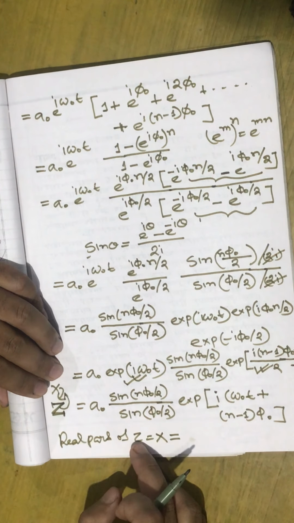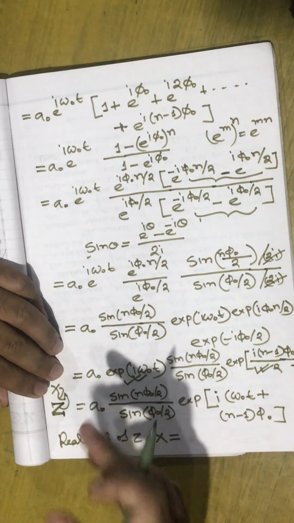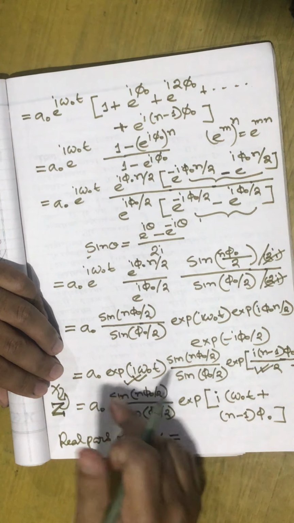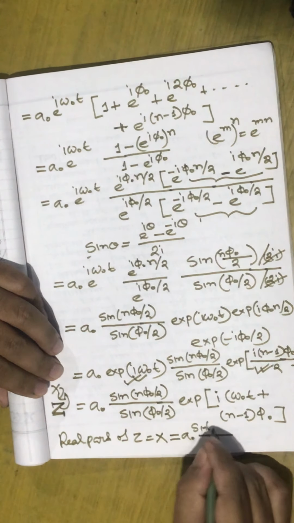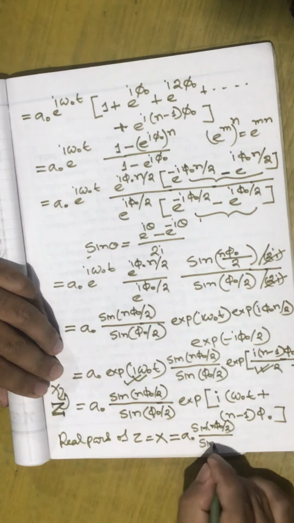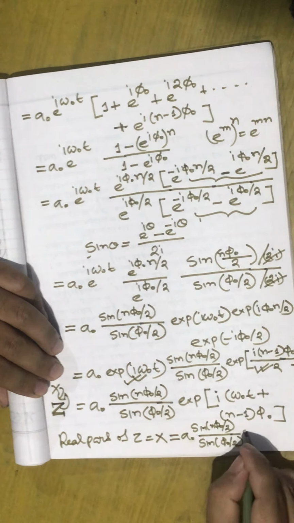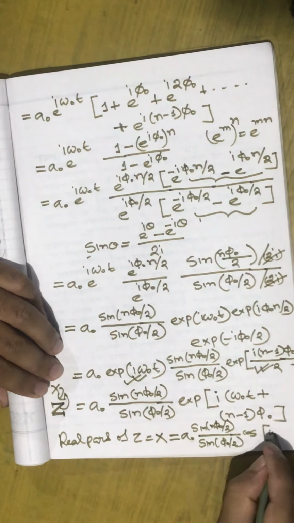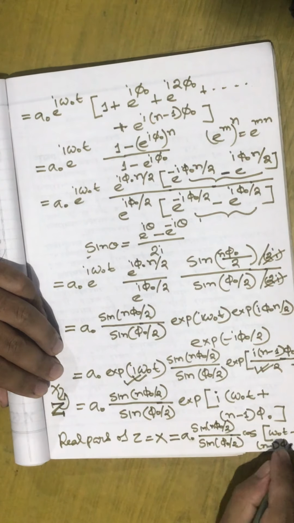So the real part of z, which is nothing but the resultant amplitude due to the superposition of n successive waves, will become a naught into sine n phi naught divided by 2 divided by sine phi naught over 2, into cos of omega naught t plus n minus 1 into phi naught.